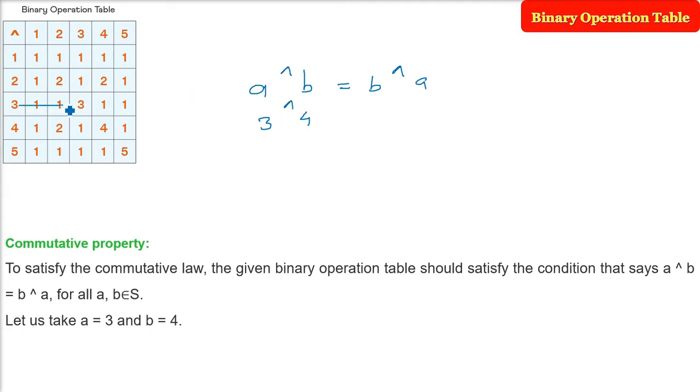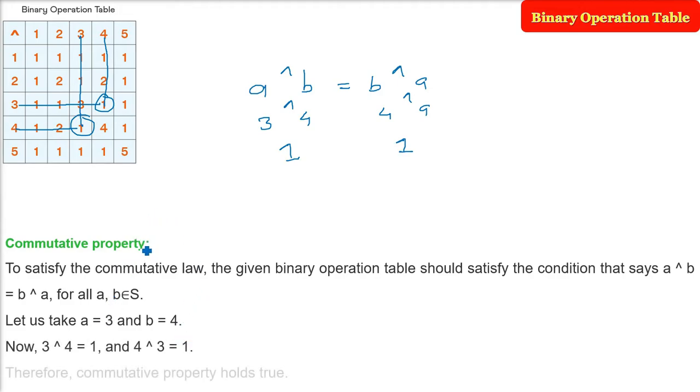So this is 3 from horizontal, 4 from vertical. The result is 1. B cap A: now you take B as 4, A as 3. So horizontal you will take 4, vertical you will take 3. And what is the result here? 1. So in both the cases, you are going to get the result as 1. Right? So 3 cap 4, 4 cap 3 is 1. So the commutative property is also holding here.